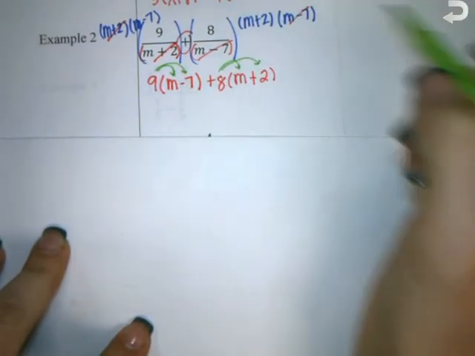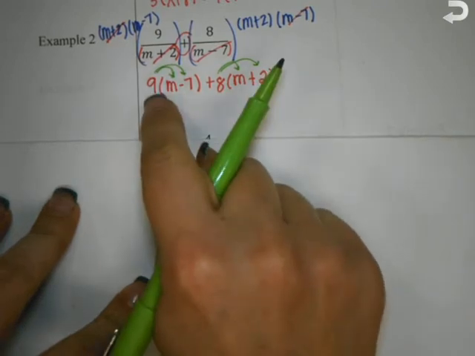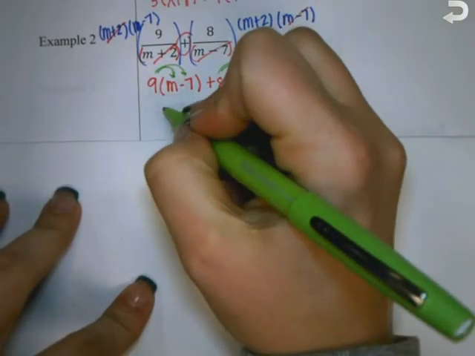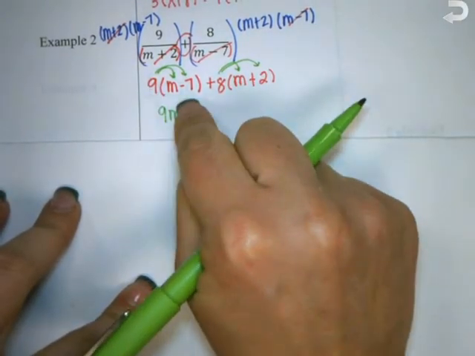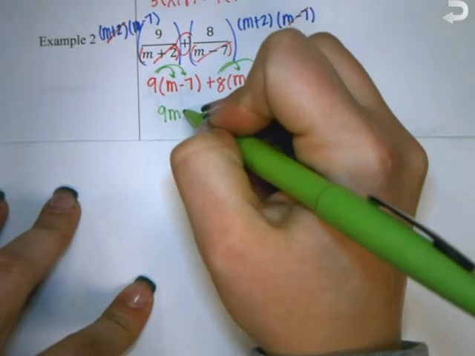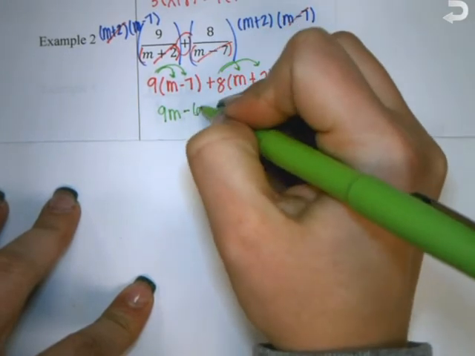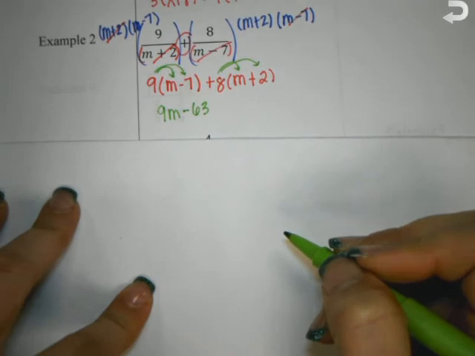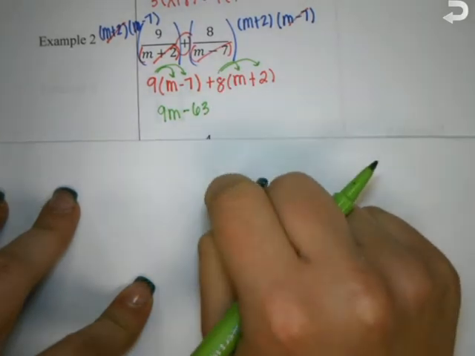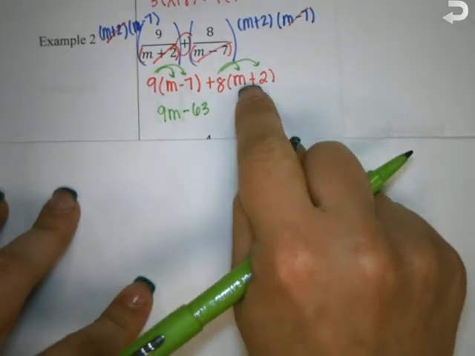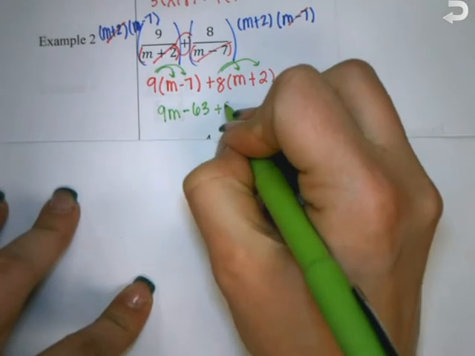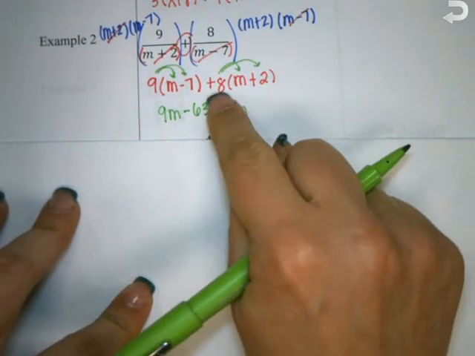9 times m, 9m. 9 times negative 7, negative 63. 8 times m plus 8m. And 8 times 2 plus 16.